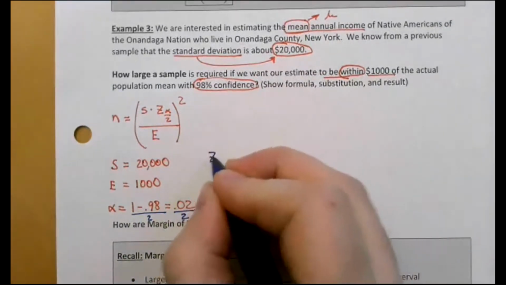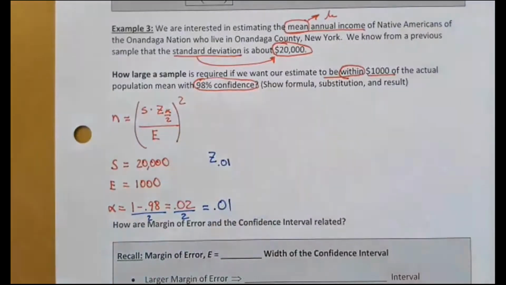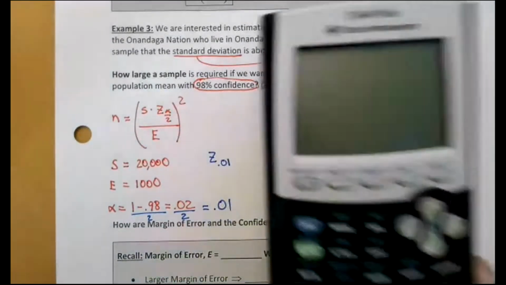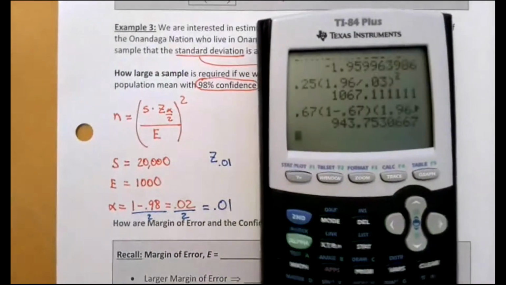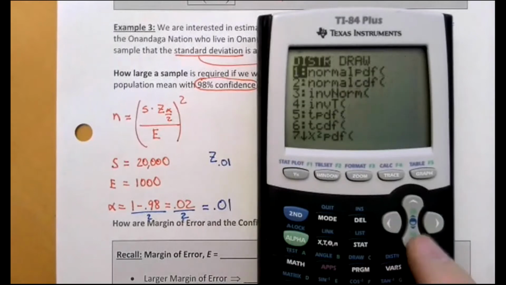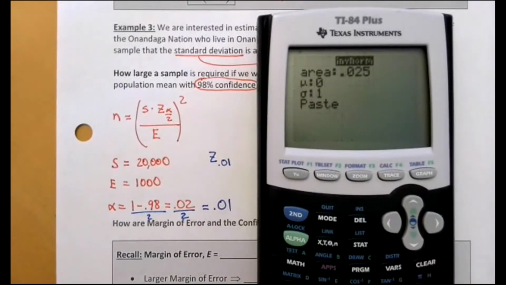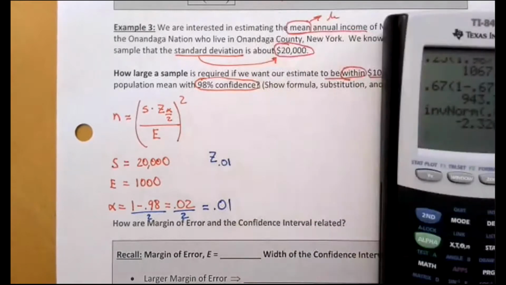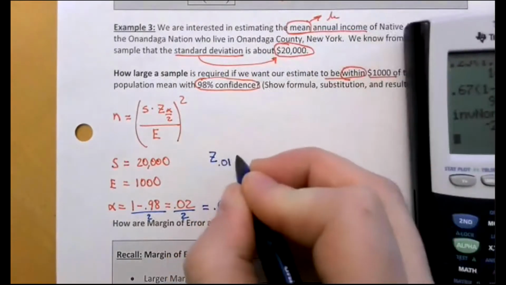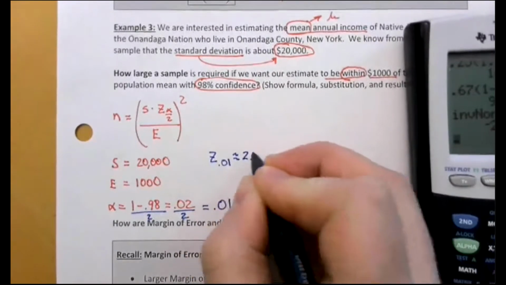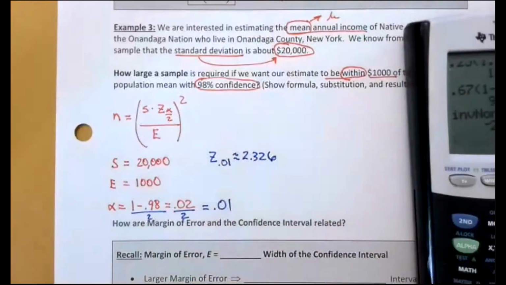So we are calculating this in our calculator. Inverse norm, 0.01, and negative, which really we want it positive, doesn't actually matter, 2.326.